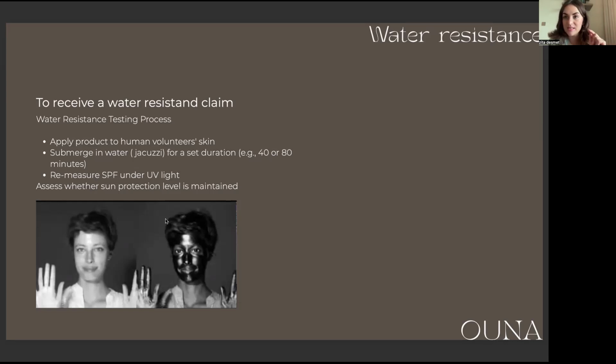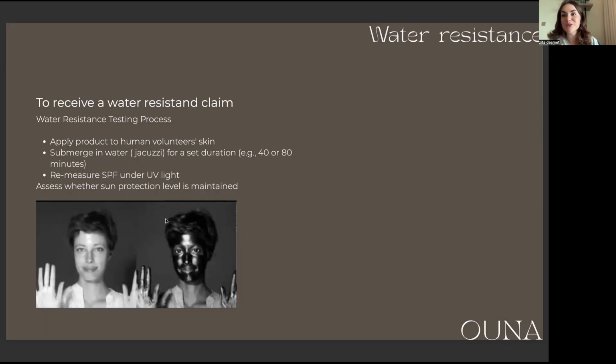And if the same amount of SPF is on that skin after they test with a UV light, so underneath you see an example how it looks when you apply sunscreen under a UV light, if the sun protection level is maintained, then it means it's water resistant.